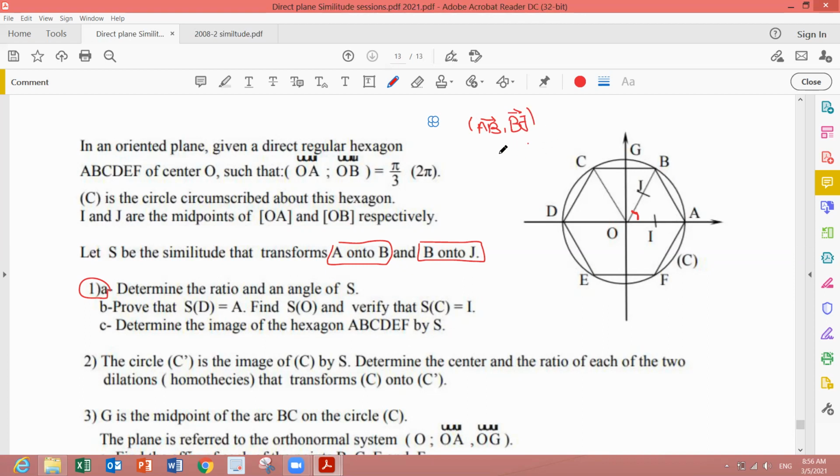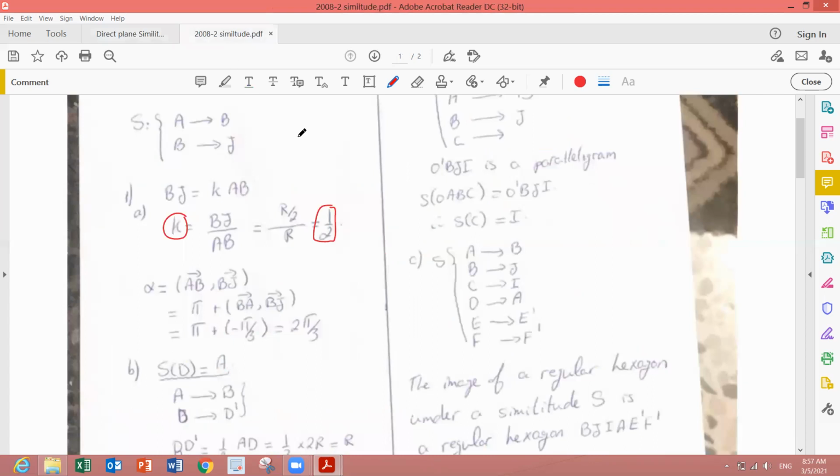I can write it as the angle (AB, BA) plus (BA, BJ), which is pi plus (BA, BJ). The angle (BA, BJ) is minus pi over 3.